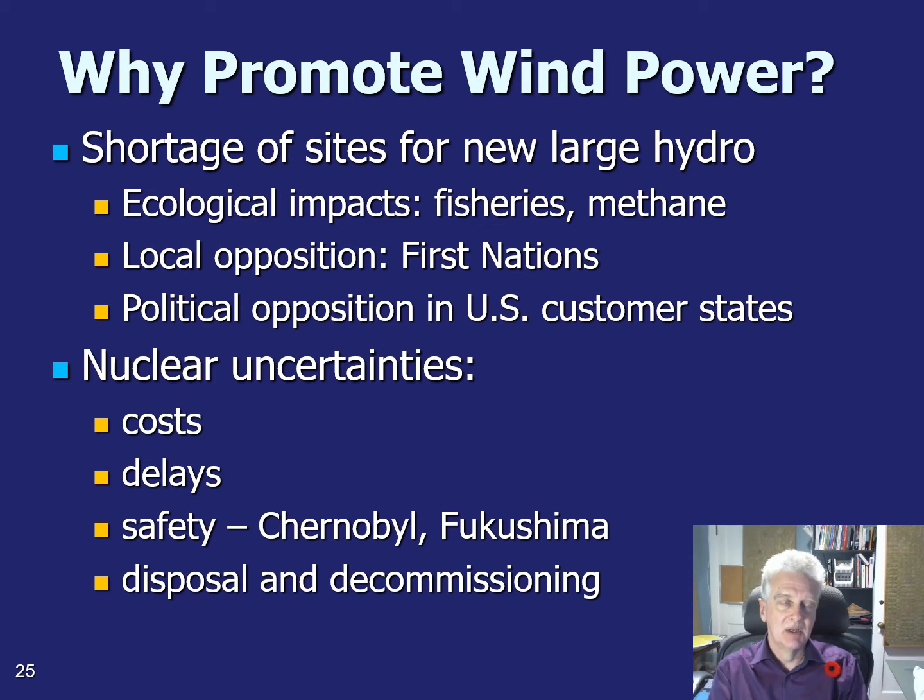Having seen the enormous disaster at Chernobyl, and if you haven't seen it, you should look at the Netflix series, the dramatic reenactment of the Chernobyl accident. And then Fukushima, which was not really operator error, just a design problem: they didn't have a way to deal with an earthquake and a tsunami that flooded the backup generators that would have kept the pumps running even though the power grid was down.